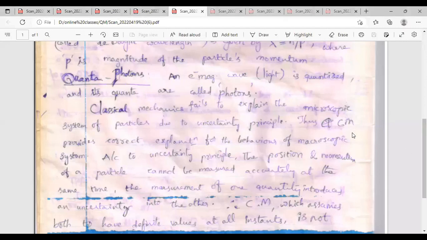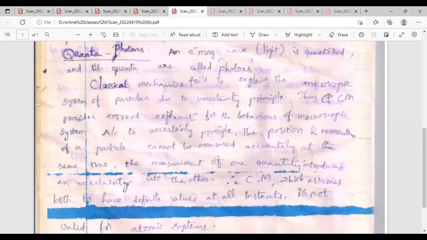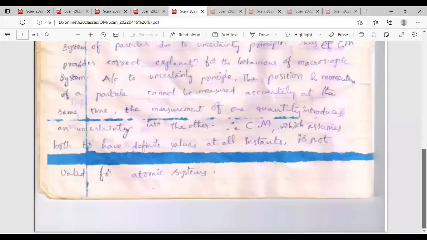An electromagnetic wave, light, is quantized and its quanta are called photons. Classical mechanics fails to explain the microscopic system of particles due to the uncertainty principle. Thus, classical mechanics provides a correct explanation for the behavior of macroscopic systems. According to the uncertainty principle, the position and momentum of a particle cannot be measured accurately at the same time. The measurement of one quantity introduces an uncertainty into the other.